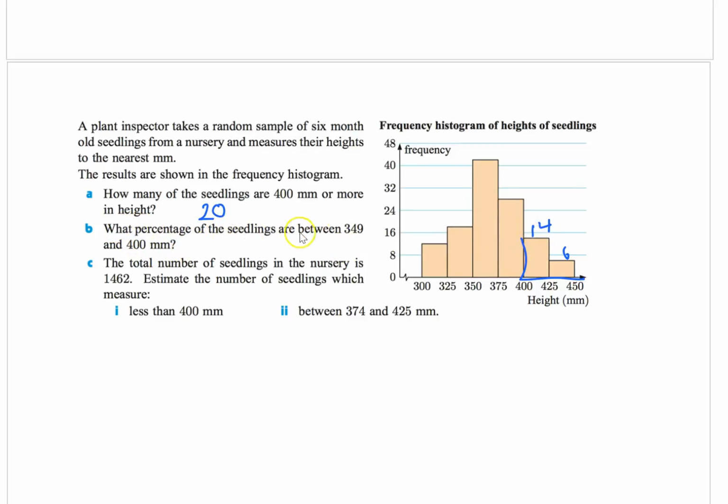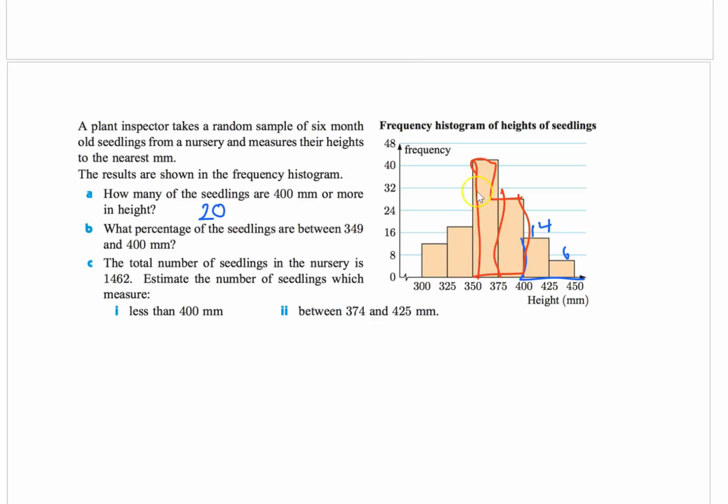What percentage of seedlings are between 349 and 400? So 349 is essentially 350, and 400. So these data sets. My bad drawing. Wow, that's terrible. But anyway, what percent of seedlings are between 349 and 400?